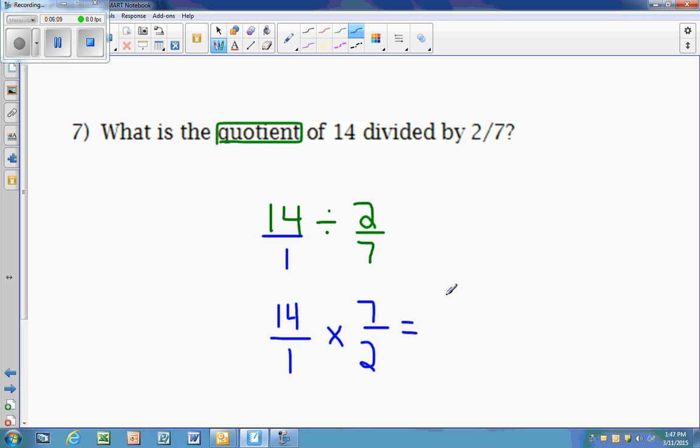And when I have 14 times 7, I get 98. And then I have 1 times 2, which is 2. And when I have 98 halves and I do 98 divided by 2, I end up with a whole number of 49.